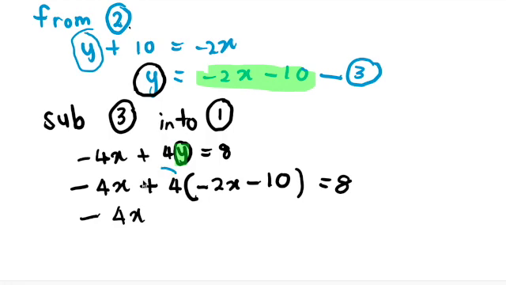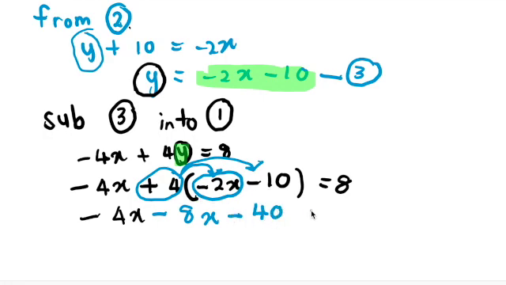What I ask you guys to do is to circle the number that you want to expand and put an arrow to which term you want to expand. So first, we must multiply positive 4 with negative 2x. Positive 4 times negative 2x is negative 8x. Next, we need to multiply the other term. Positive 4 multiplied by negative 10 is negative 40, equals 8. Okay, I should put the color black there.